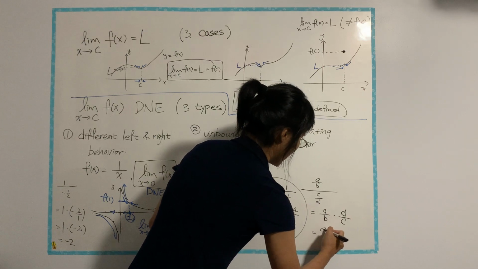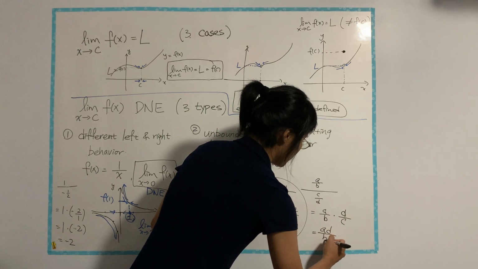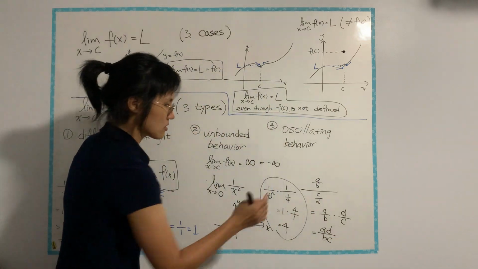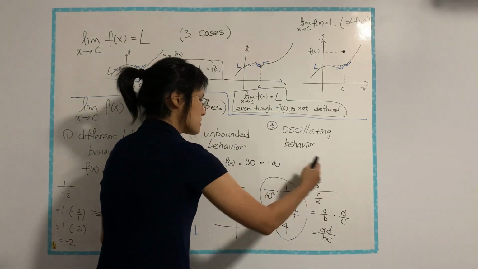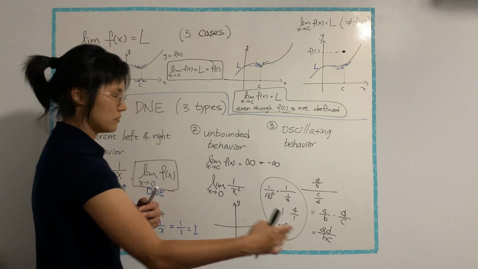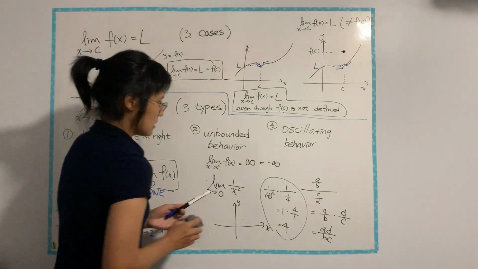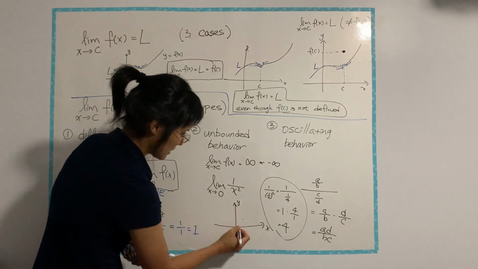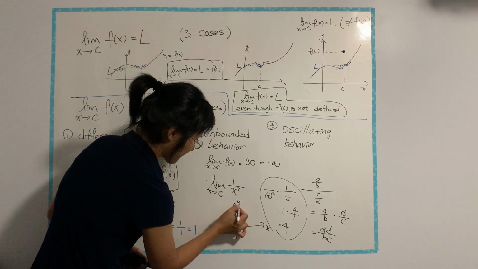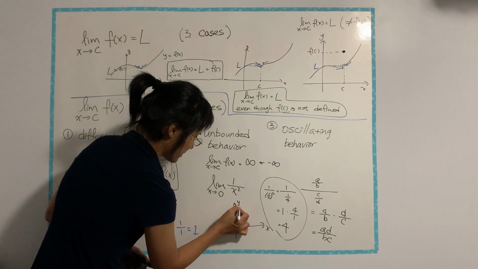And then I end up having a times d over b times c. If you don't remember this formula, you should add this to your formula sheet. And we get 4. So when x equals a half, the y value is 4.